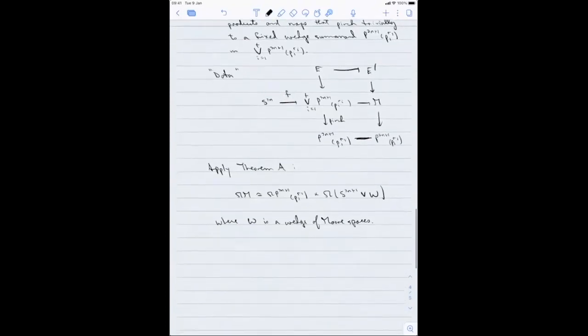Okay, so this may not deal with all n minus 1 connected, 2n plus 1 dimensional Poincaré duality complexes.